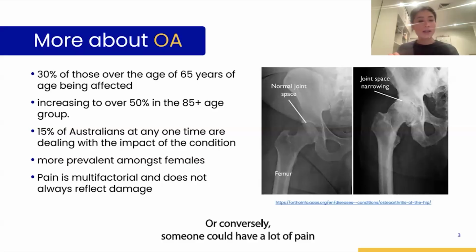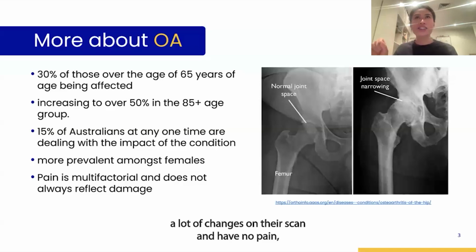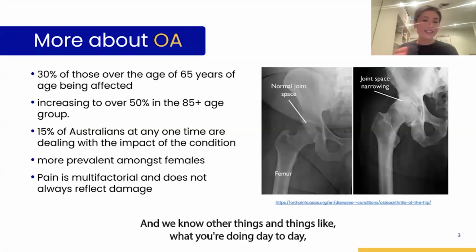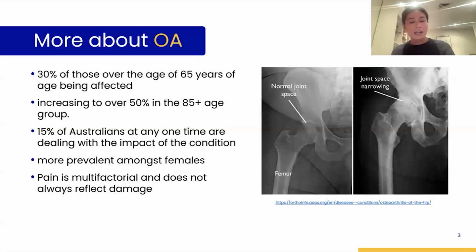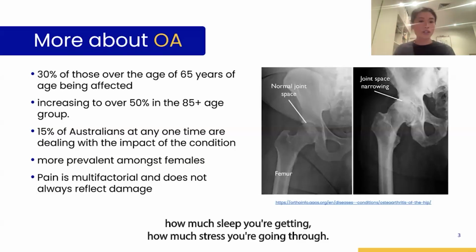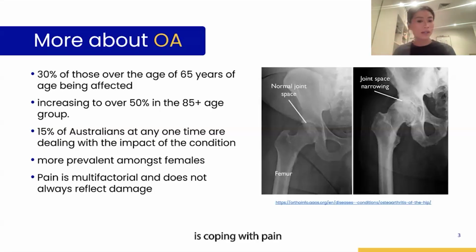Or conversely, someone may have no changes at all, but display quite large amounts of pain. And we know other things like what you're doing day to day, how much activity you're trying to fit in, how much sleep you're getting, how much stress you're going through, things like that can affect how your body is coping with pain.